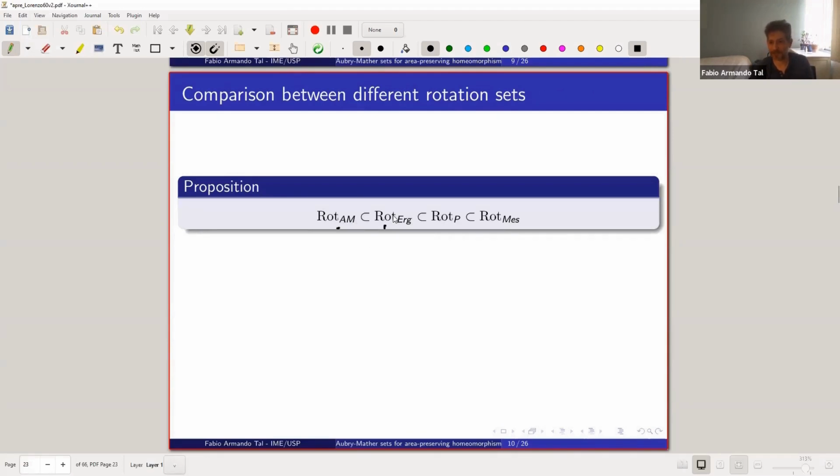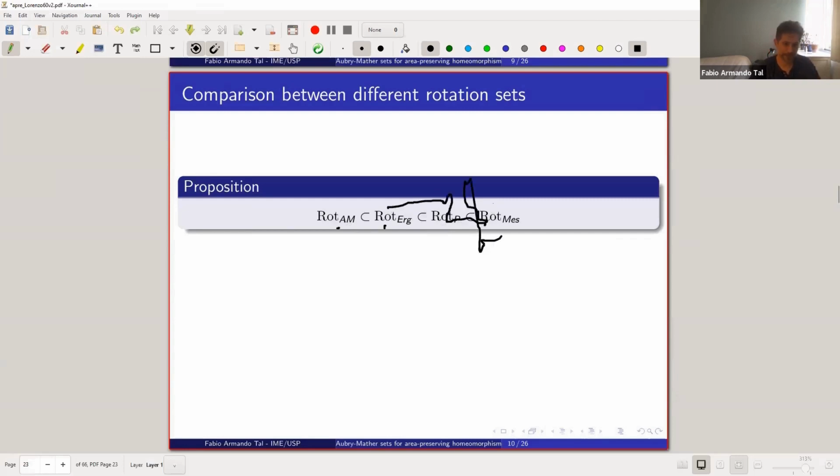If you have an ergodic measure, then almost every point in the support of the ergodic measure is going to have the same rotation number. And if you have a point which has a given rotation number, then you can do a Krylov-Bogolyubov kind of limit and find a measure which has that same rotation number.